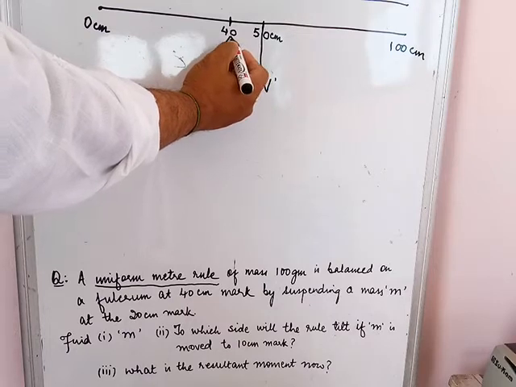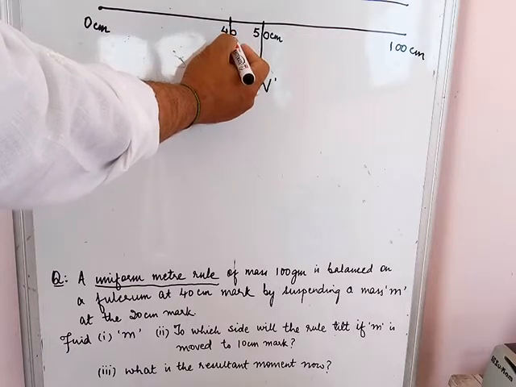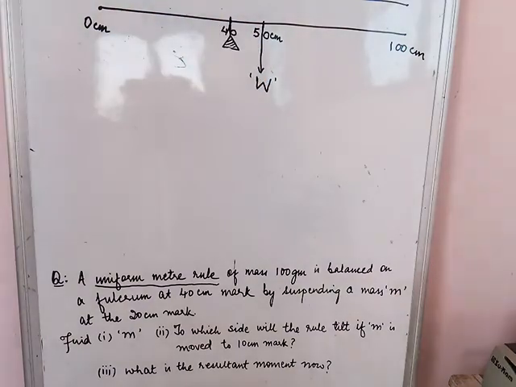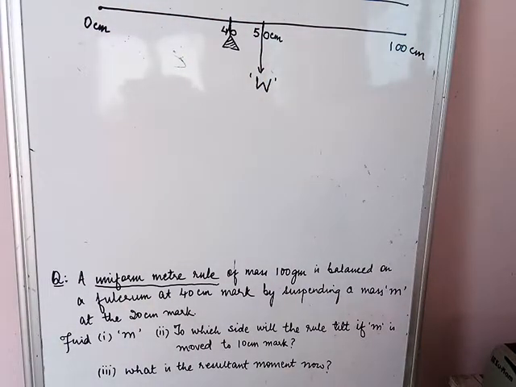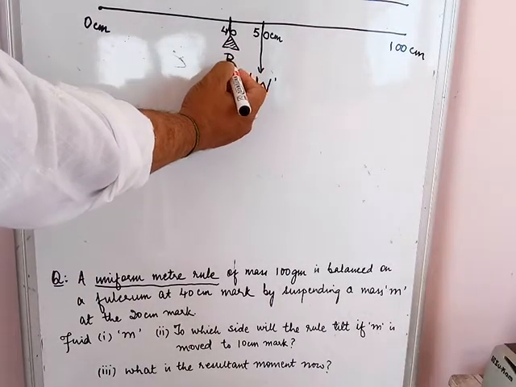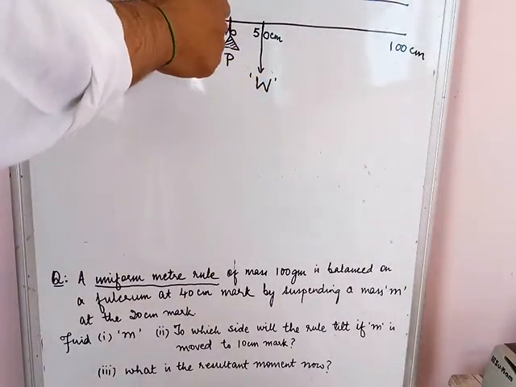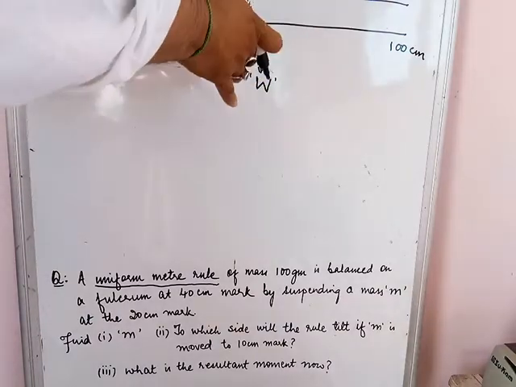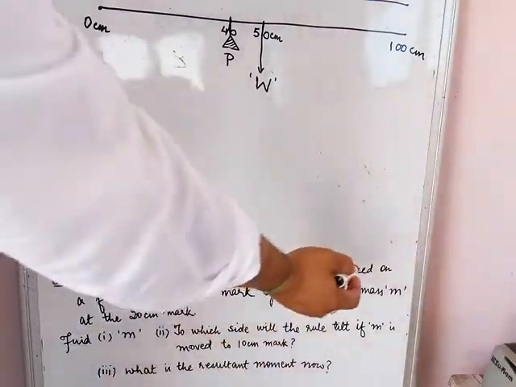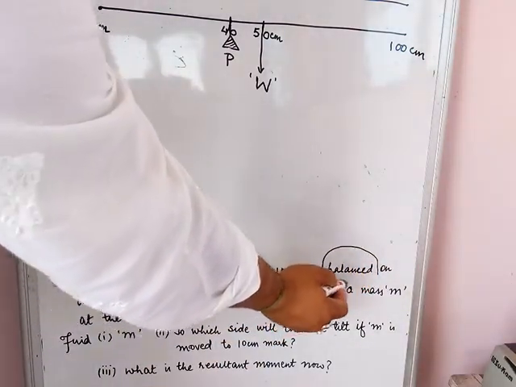This is the 40 centimeter mark, and here I have marked the fulcrum or the pivot. You can mention this as the pivot. This is that fixed point about which the ruler will be balanced. The next important thing, again, please read: the ruler is balanced.